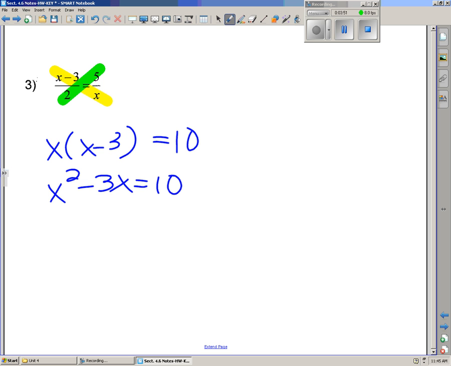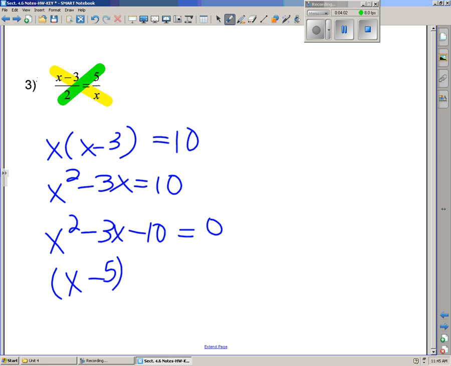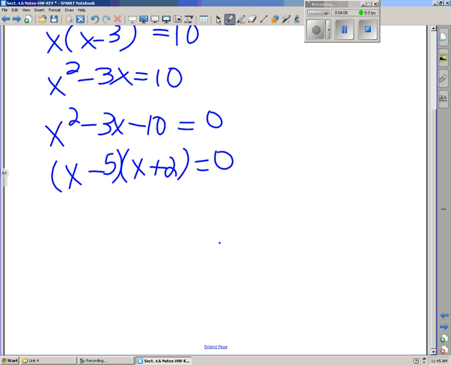Here I have a quadratic. Set the equation equal to 0. x squared minus 3x minus 10 equal to 0. Factor: x minus 5, x plus 2 equal to 0. Solve. x is equal to 5, x is equal to negative 2.